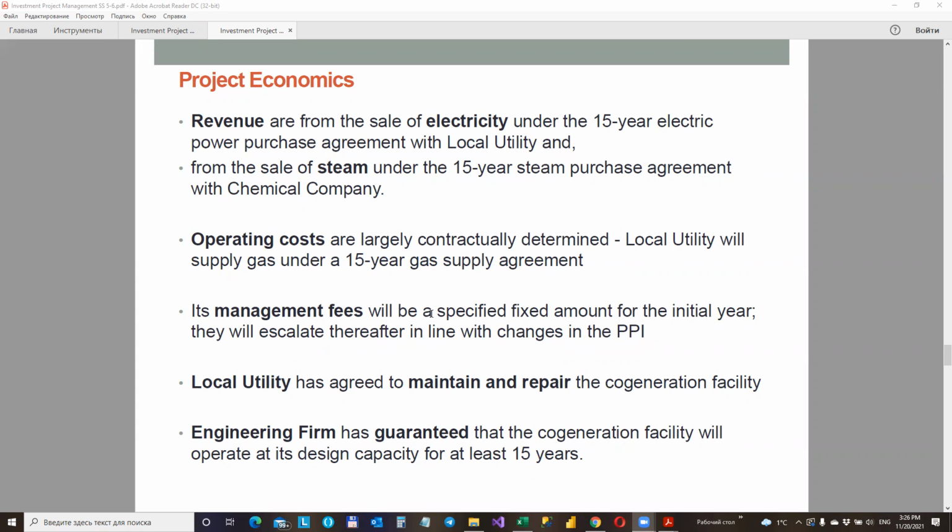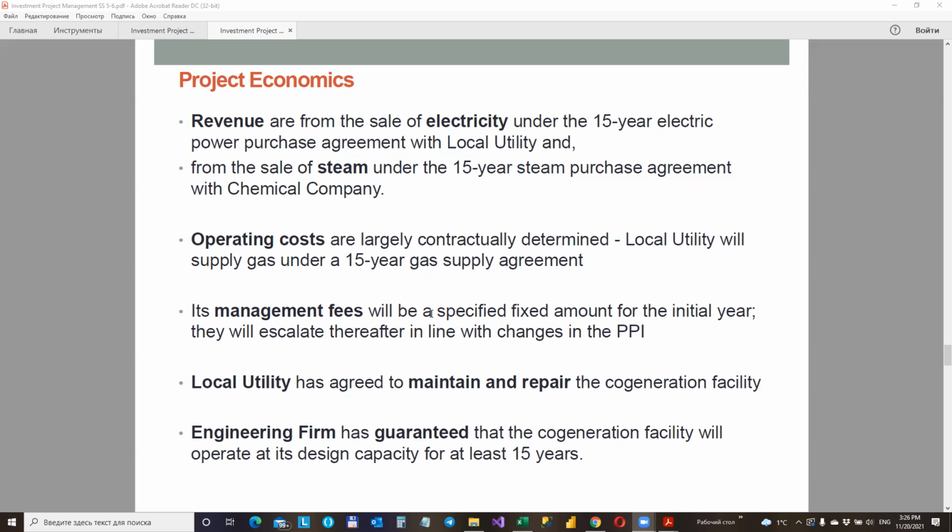Then the steam purchase agreement establishes minimum purchase quantities, specified by price per 1,000 pounds of steam, and provides that this price will increase during the 15-year term of the contract based on the annual change in the producer price index.